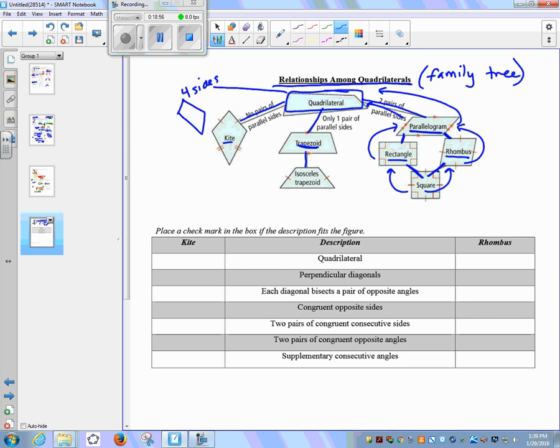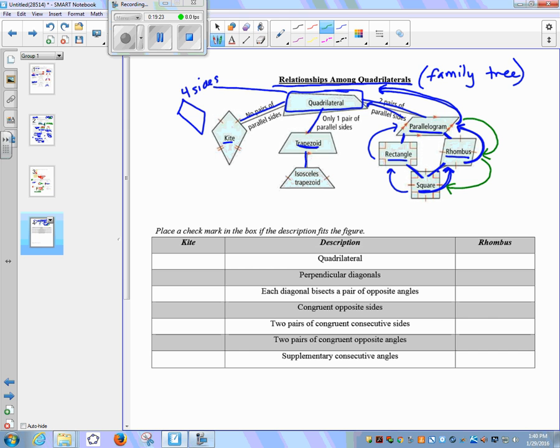So if you think about sometimes, always, or never, a square is always a rhombus. A rhombus is always a parallelogram. A parallelogram can always be classified as a quadrilateral. If you go the other way, a parallelogram is sometimes a rhombus. A rhombus is sometimes a square, not always.